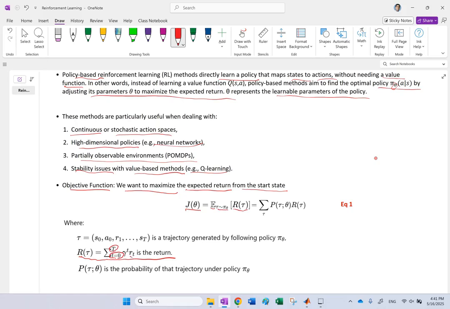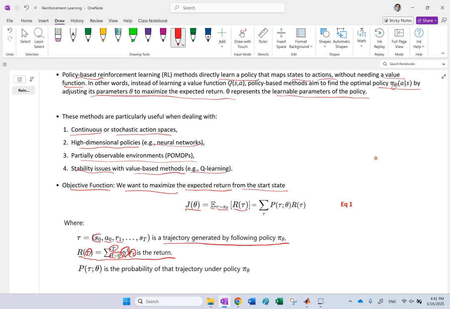And here you see all of the immediate rewards are discounted, right? Of course, for t of 0, it's not, but any t after that, you have a power of gamma to it. And this tau that you see here is your trajectory. This is the trajectory of S0, A0, R1, S1, A1, R2, and so on.